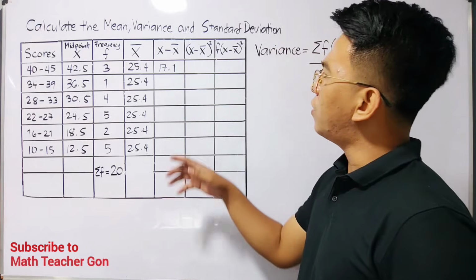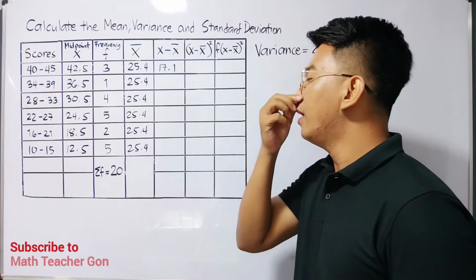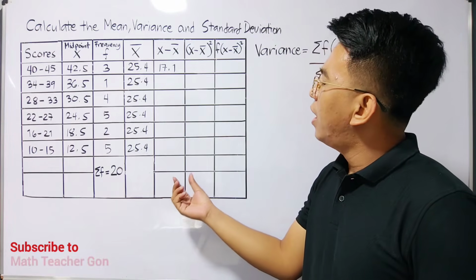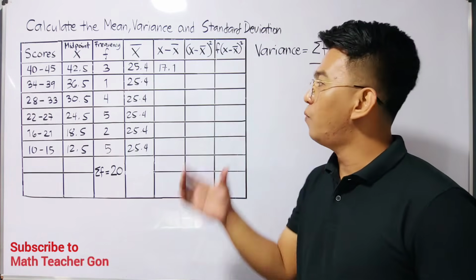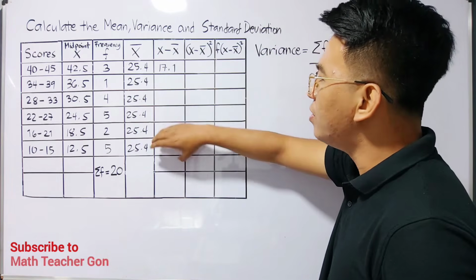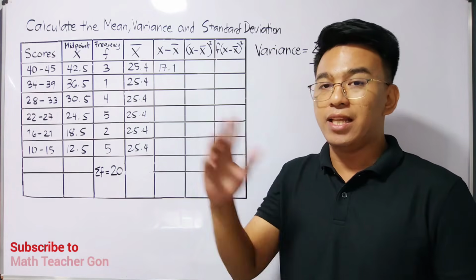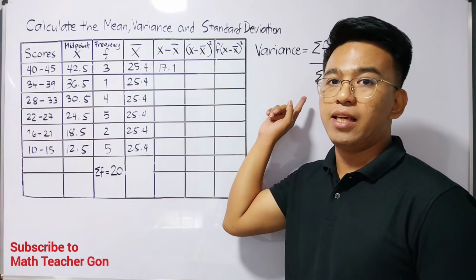To make this less laborious, you can complete this column first, and then complete this, and this. You can finish this column first, followed by this column and this column. But in our case, to make our work easier, I will go horizontally.